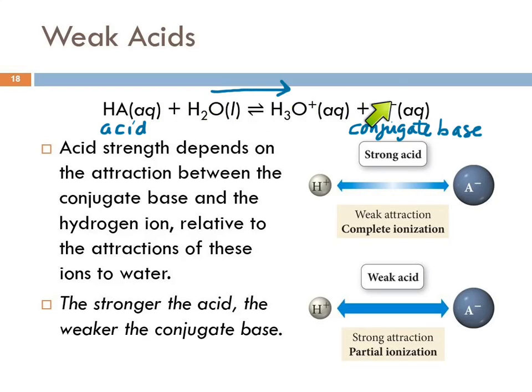No, it isn't. This is not going to be real good at acting as a base. So if we have a strong acid, we have a weak base. If we have a weak acid, we have a strong base. And so they go up and down. They're inversely related. Did that make any sense?